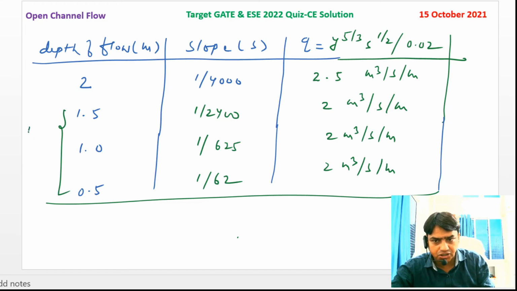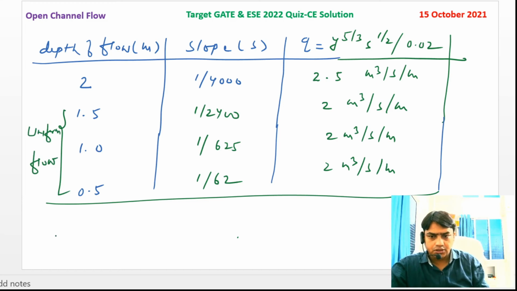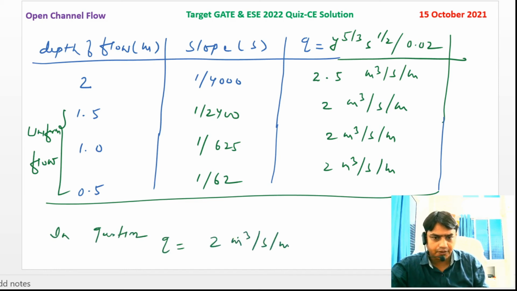So these combinations will give uniform flow, because in the question small q is given as 2 meter cube per second per meter.